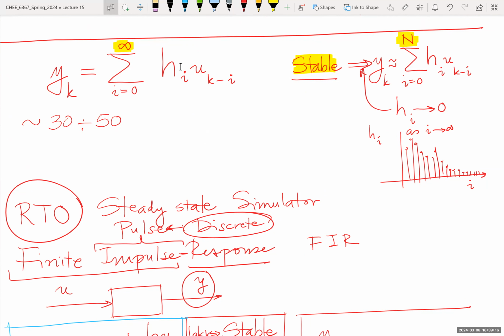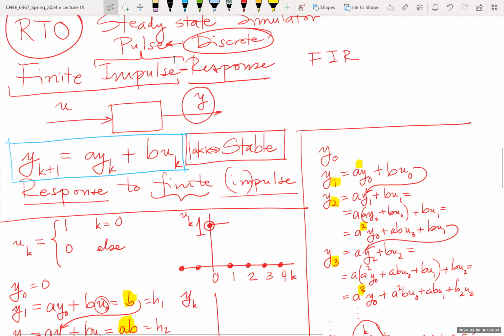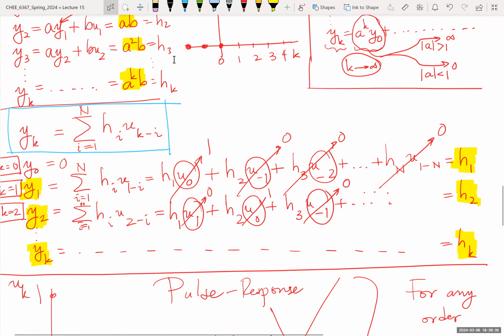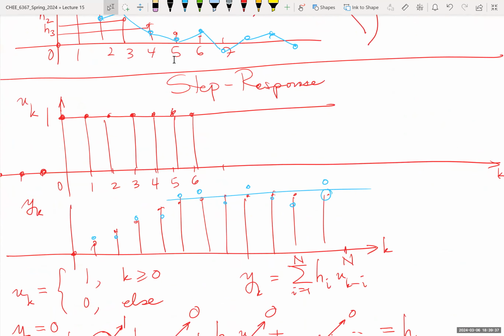That's a small drawback. The bigger drawback is you will have too many of these coefficients, so you'll need a ton of data to actually identify, estimate those well. But there are tricks which we are going to see how to use, and I already mentioned one. If you do, for example, a step response experiment, you can fit here a smooth exponential response and get these coefficients fairly easily.